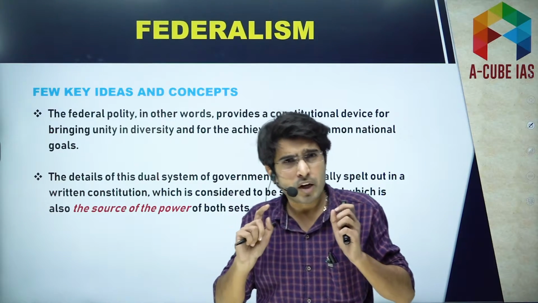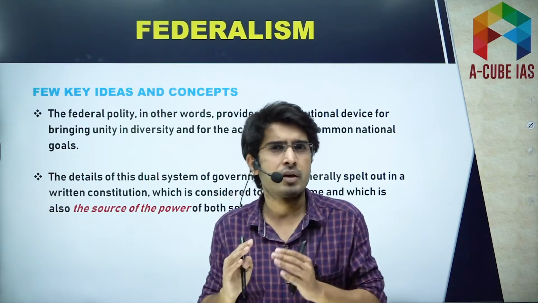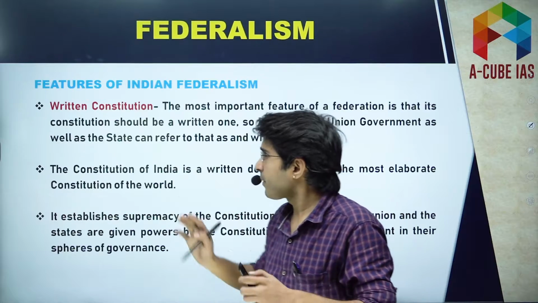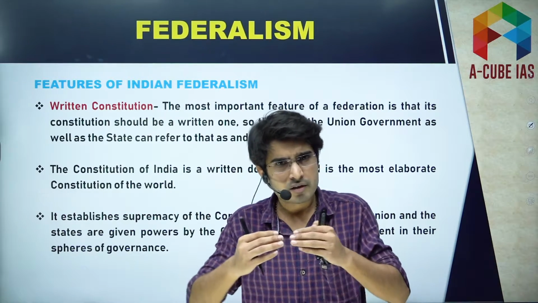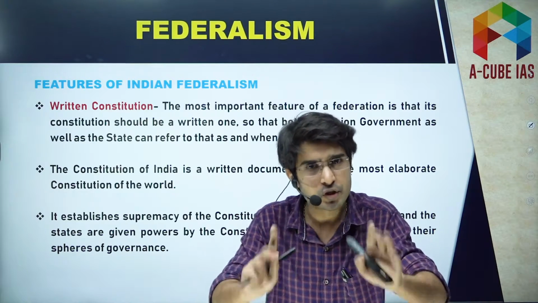Now from the prelims perspective, you must be aware of the features of federalism. The first important feature is that in our country we have the federal structure and we have a written constitution as well.